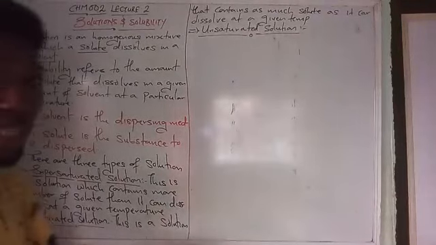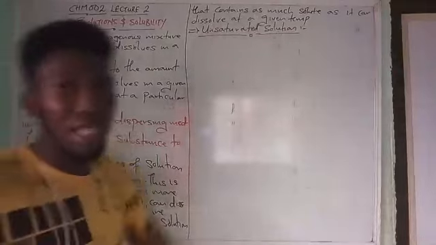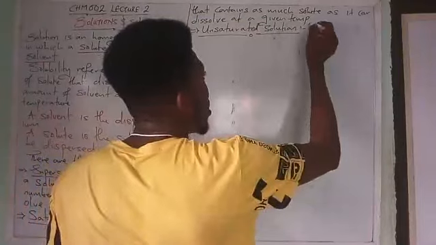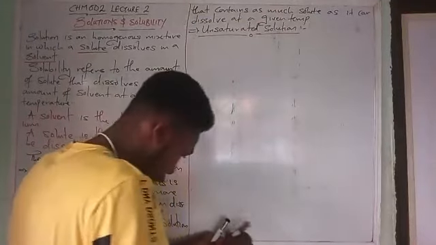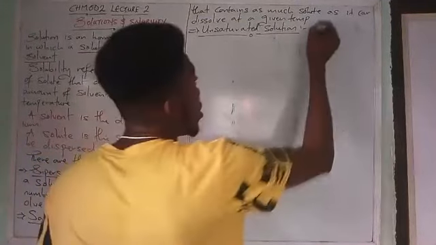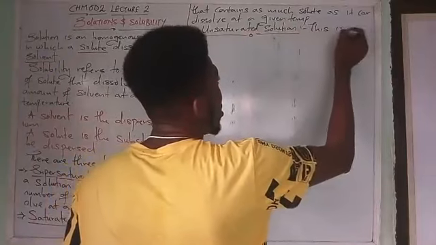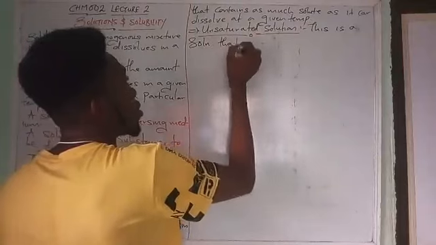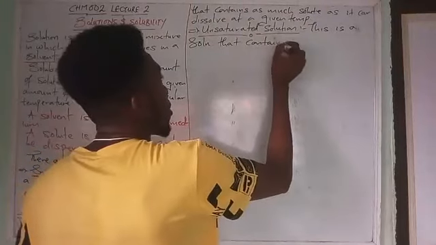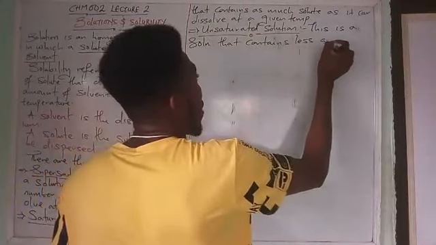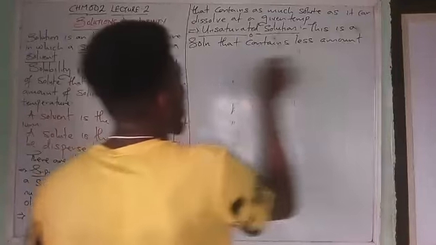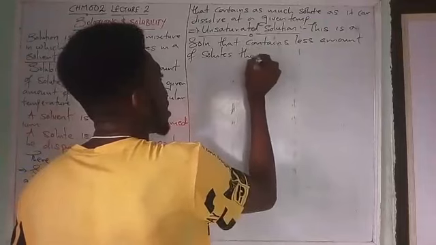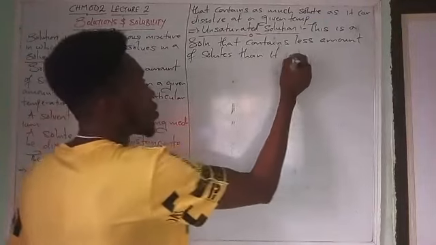Saturated contains as much as it can dissolve, but unsaturated contains less solute than it can dissolve. This is a solution that contains less amount of solute than it can dissolve.